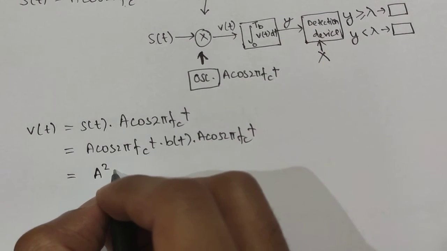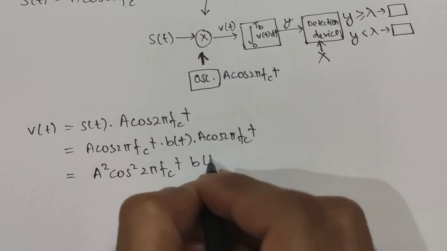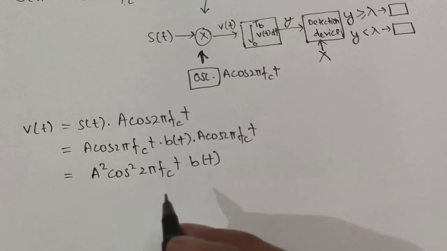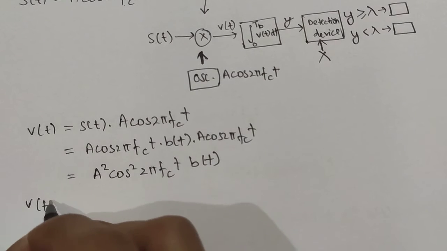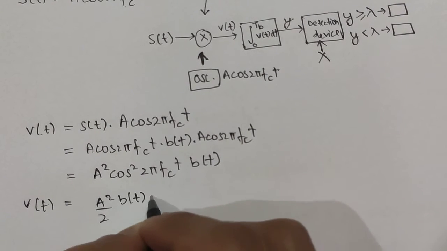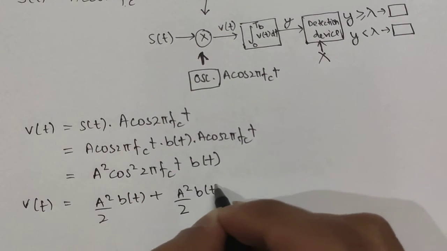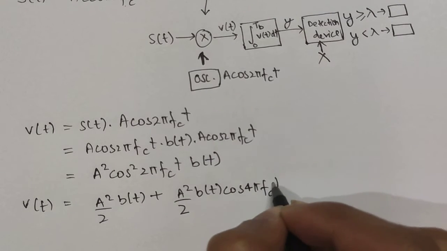This we will get as A square cos square 2 pi fct B of t. By using the half angle formula, we bring the square cosine into linear. So we can write V of t as A square by 2 B of t plus A square by 2 B of t cos 4 pi fct.